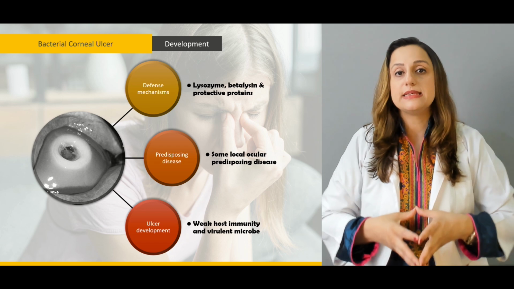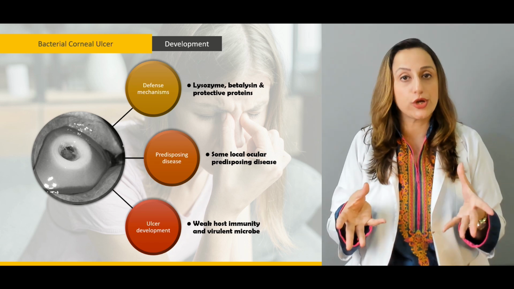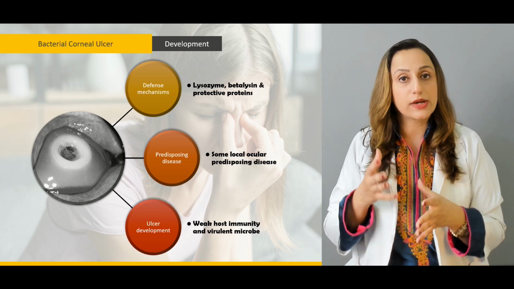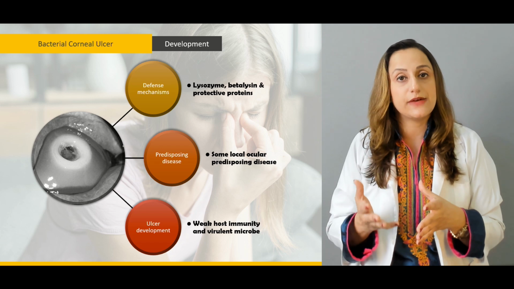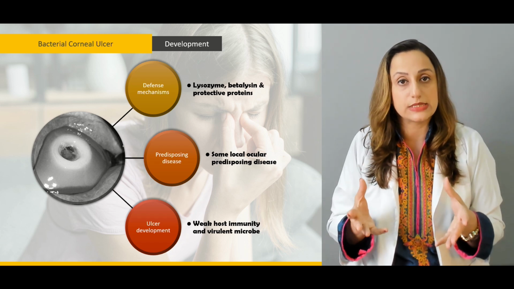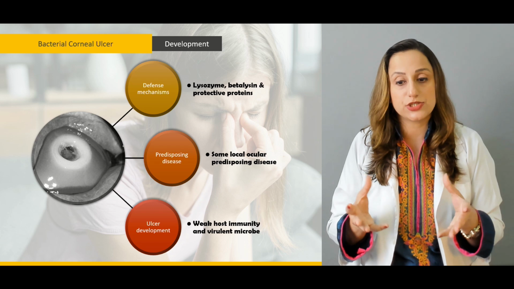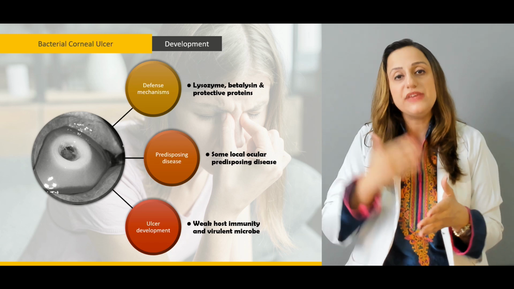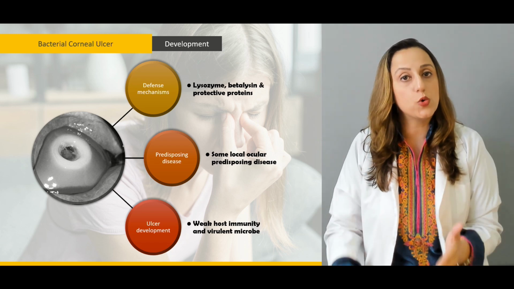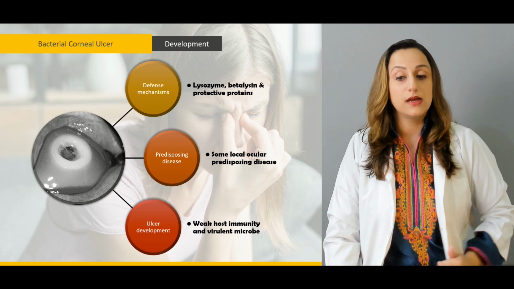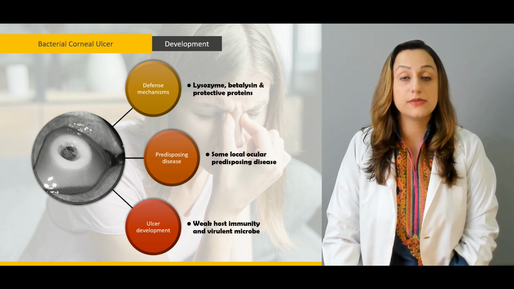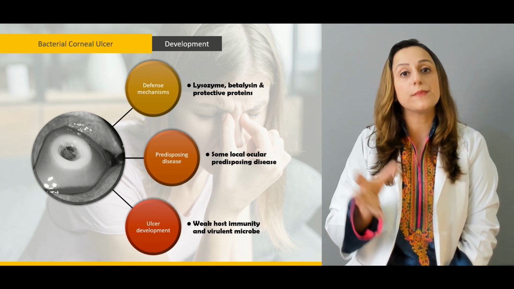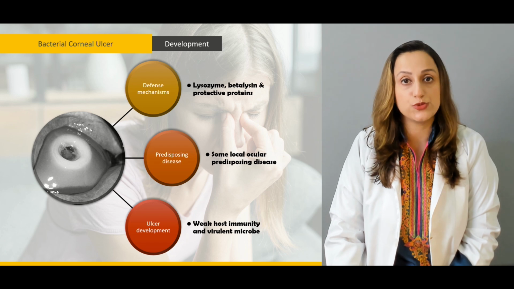Sometimes Streptococcus pneumoniae, Staphylococcus aureus, and Chlamydia pneumoniae are all organisms that can contribute towards the development of corneal ulcerations of bacterial origin in an individual. So either the individual has a weak immunity, or the microbe is quite virulent. These are the two reasons that can complicate the situation further for that individual.